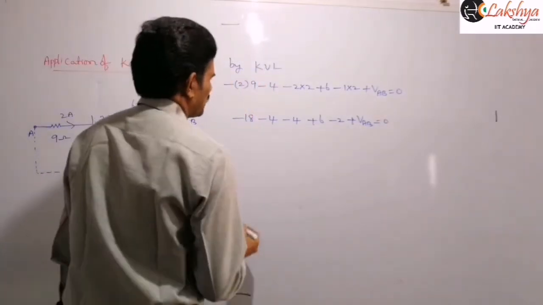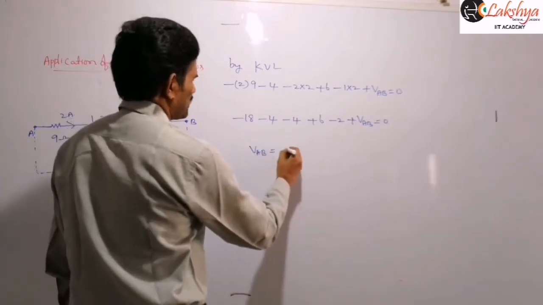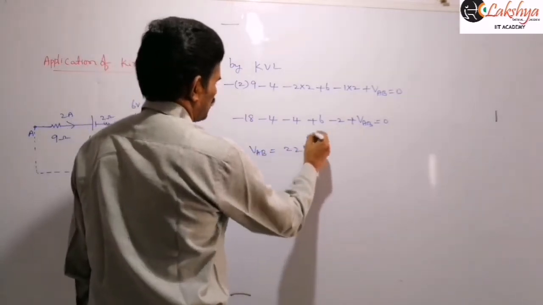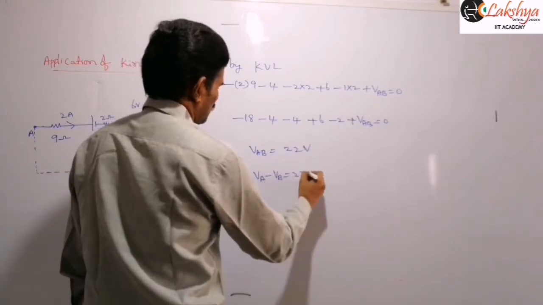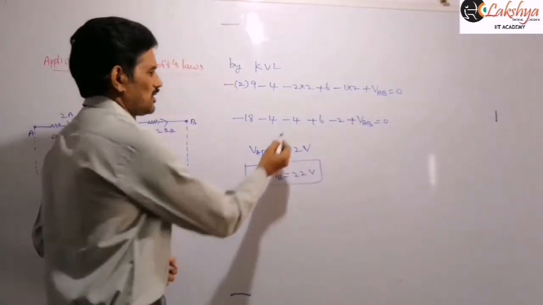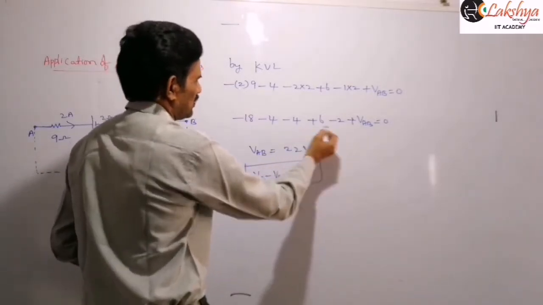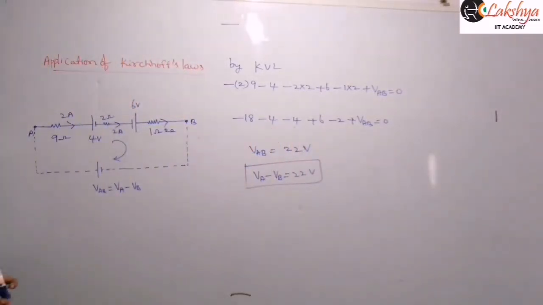I can write this as VAB is equal to 22 volts. That is, VA minus VB is equal to 22 volts. That is the potential difference between them. The last three terms cancel, leaving only 18 plus 4, that is 22. So if they ask for the potential difference between A and B, you can write 22 volts.